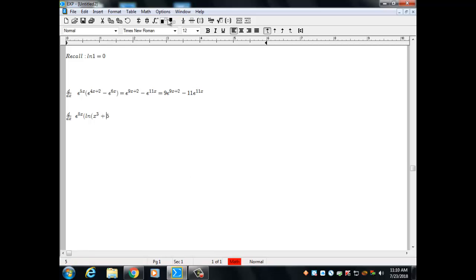In a case like this, there's nothing you can do but use the product rule. Does that make sense? It would be the derivative of the first piece, which is 8 e to the 8x. The derivative of the second piece is 3x squared over x cubed plus 5.